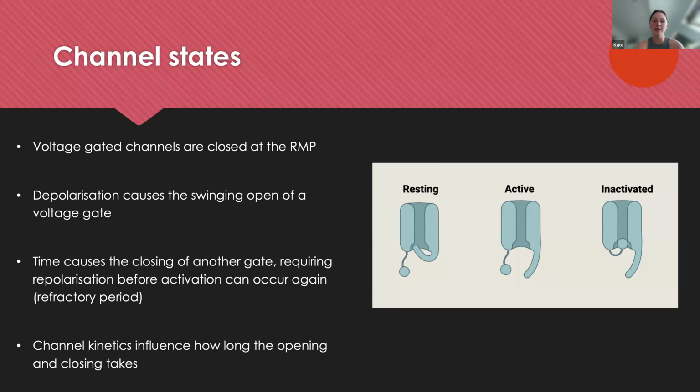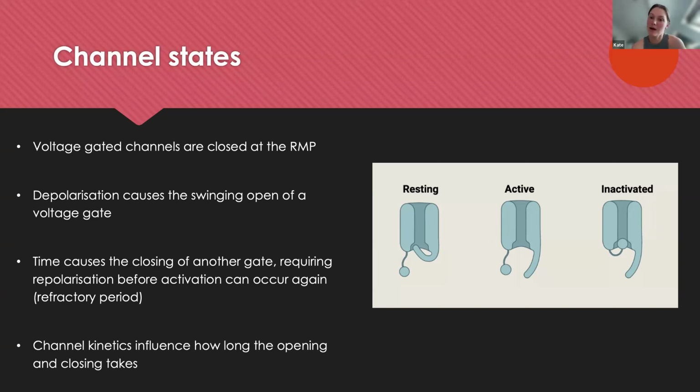And then there's a positive feedback loop, so many other voltage gated sodium channels open. And then they are self-inactivated. This is the third state on the diagram, by closure of the H gate, which is like the little ball on a string there, which you see inactivating the channel. And this is important because it allows that action potential to repolarize.